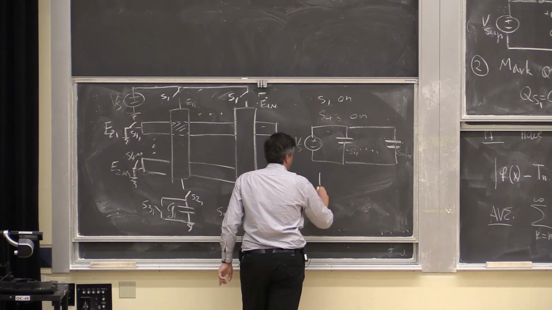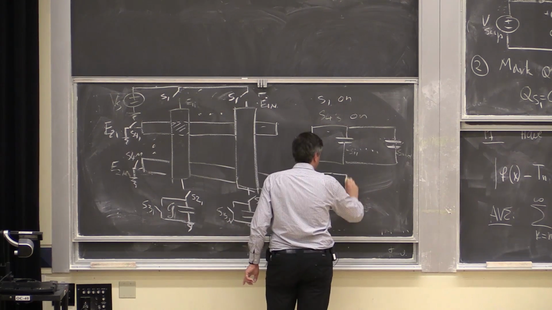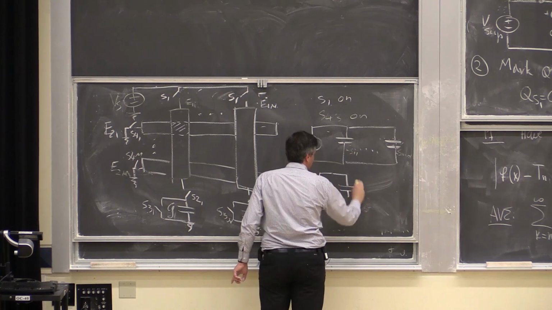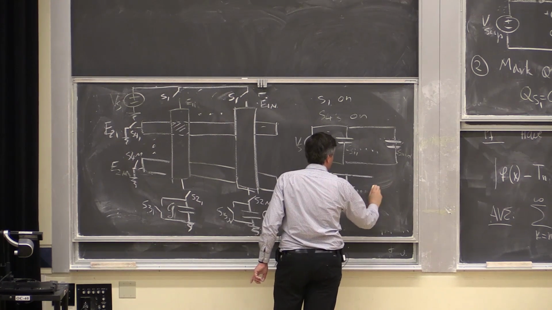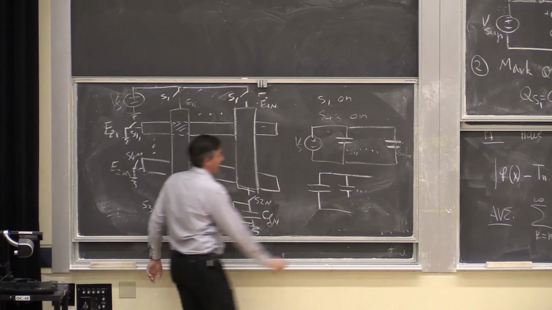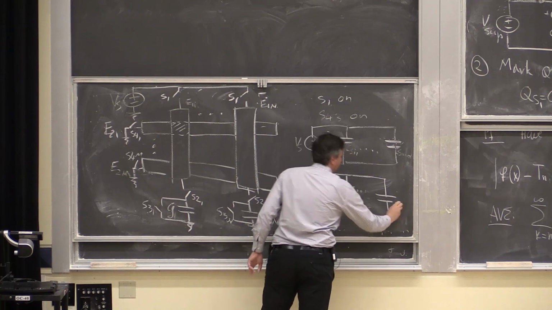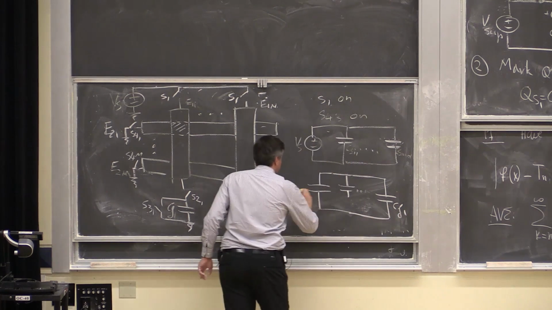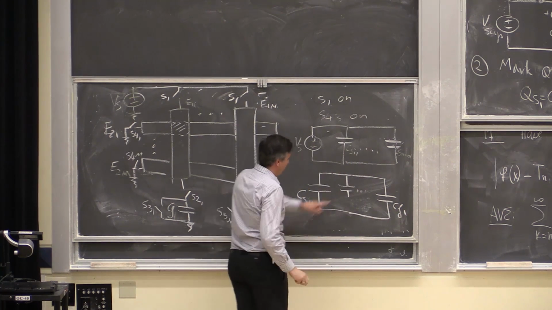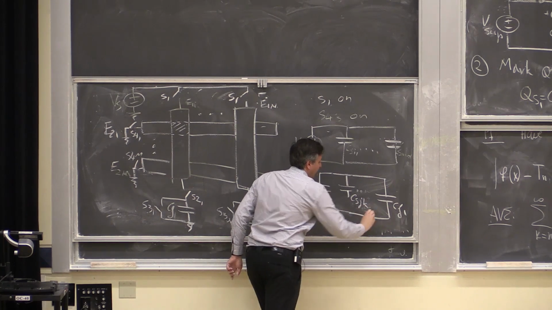So I have now this. These are just floating. And then I'm charge sharing with CF1. And this is CS11. These guys are CSJK.